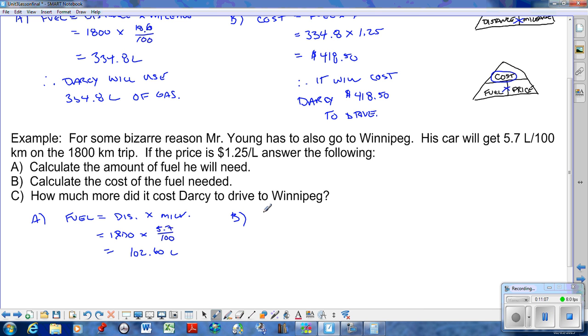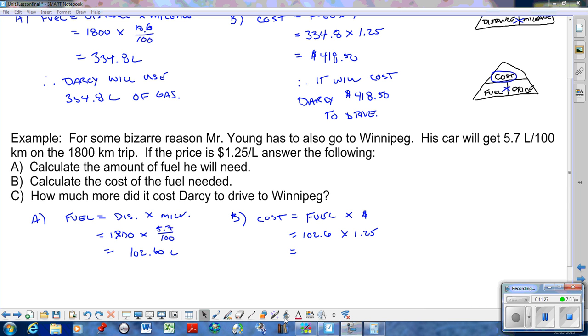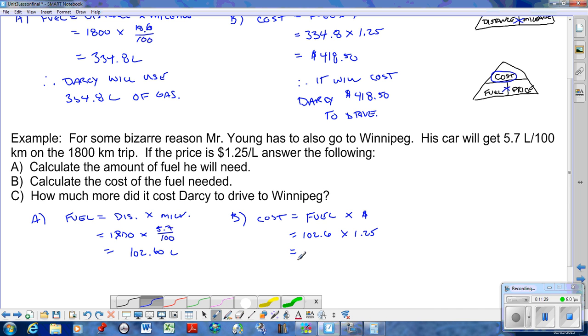So B part, calculate the cost. So cost will equal fuel multiplied by the price. So 102.6 multiplied by $1.25, and you get your calculator out for that. And I get $128.25.